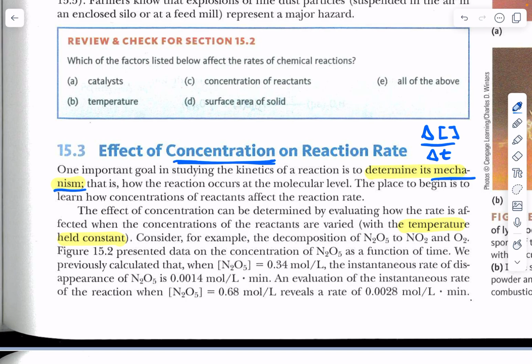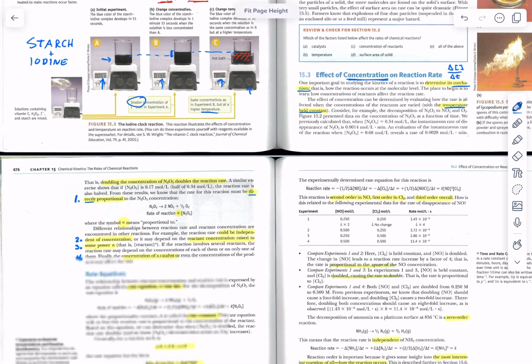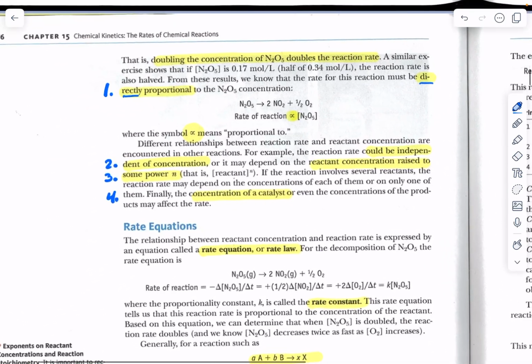By the way, as we concentrate on the effect of concentration, pardon the pun, we need to hold all other variables constant. So this is assuming that the temperature does not change during the course of the experiment, during the course of the reaction. And that's not as easy to do sometimes as you might think. All right, so let's take a look.